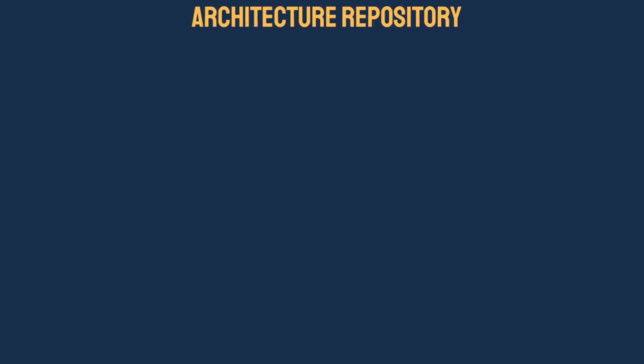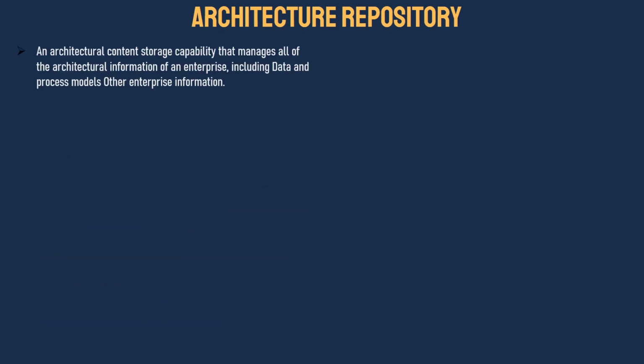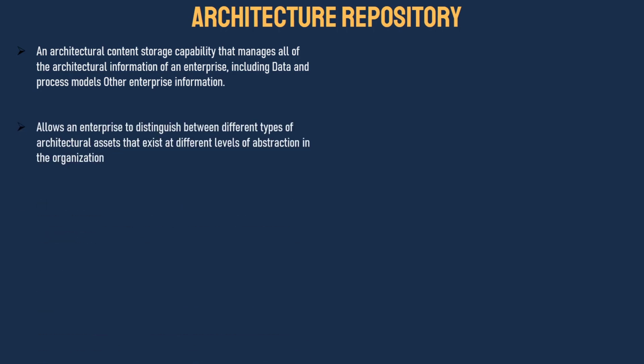Architecture repository. An architecture repository contains storage capability that manages all of the architectural information of an enterprise, including data and process models, and other enterprise information. It allows an enterprise to distinguish between different types of architecture assets that exist at different levels of abstraction in the organization.